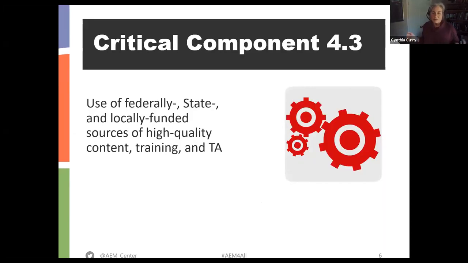So we're going to focus specifically on critical component 4.3. You will see 4.1 and 4.2 really focus on who are the recipients of the professional learning, and really being comprehensive and creative when thinking about who within a system, either at the state or the local level, need to know about accessible materials and technologies.